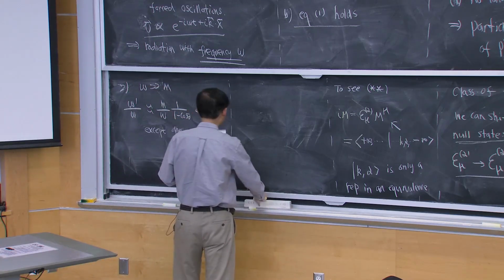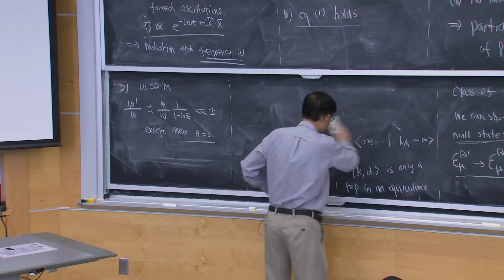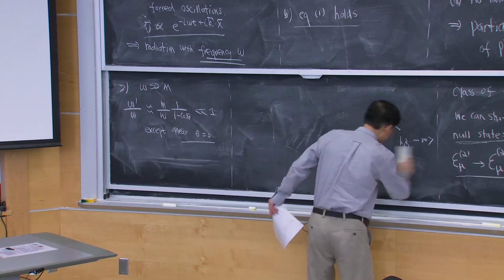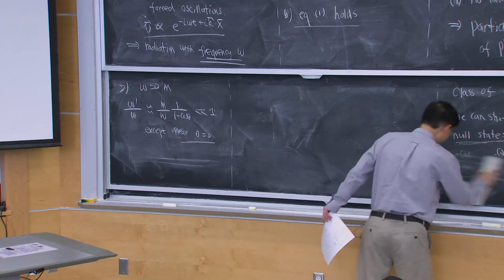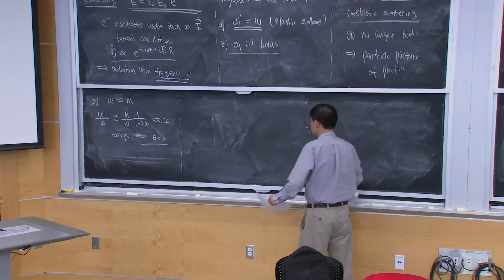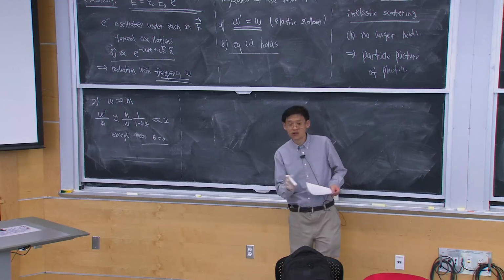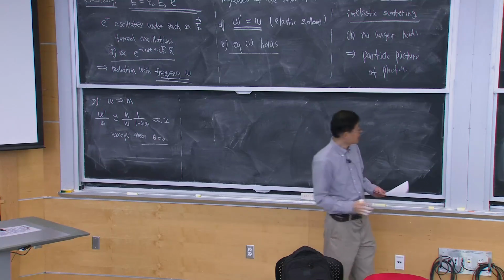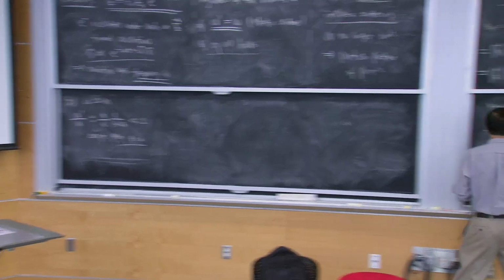So this is one remark. And another remark. So this is in the electron rest frame, but in a different frame, you will actually get a very different answer. So now let's imagine we have a frame.